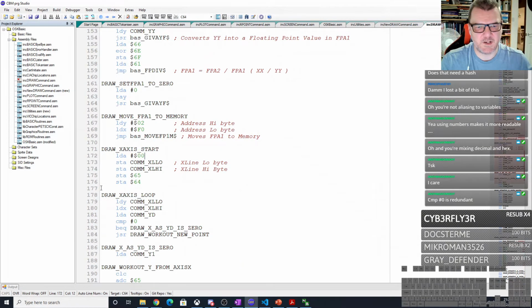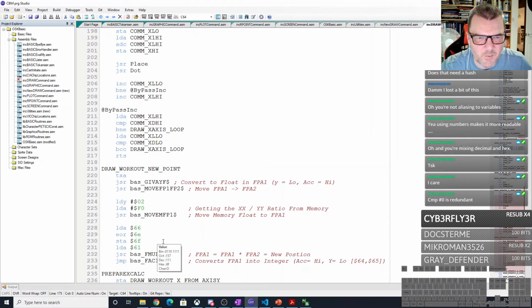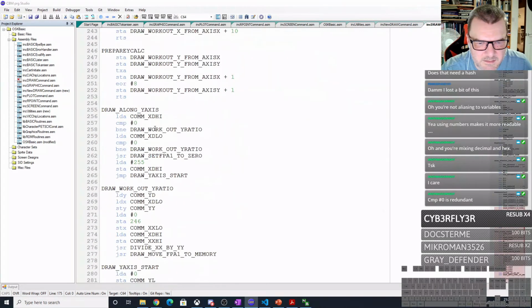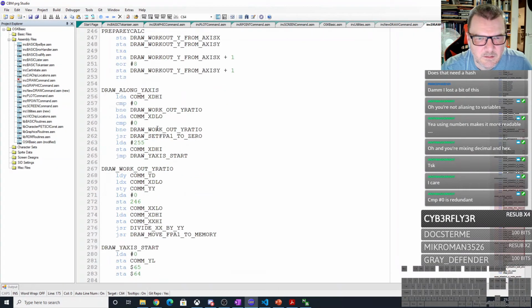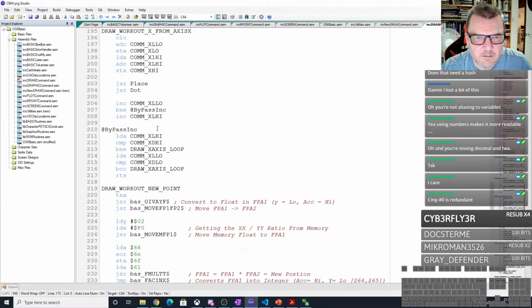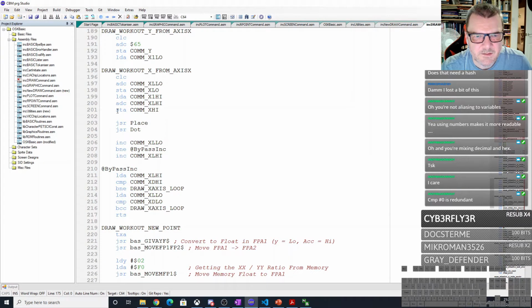So we need to test because this XL low and XL high are our points where we place. There. So we are using XL low and XL high.